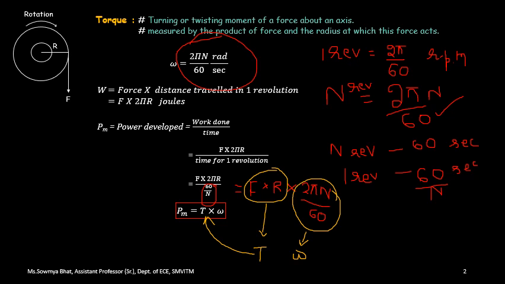So omega is equal to 2 pi n by 60. So your equation for power developed in a DC motor will be equal to torque multiplied by omega, that is angular velocity. This is the expression for power developed in terms of mechanical power.